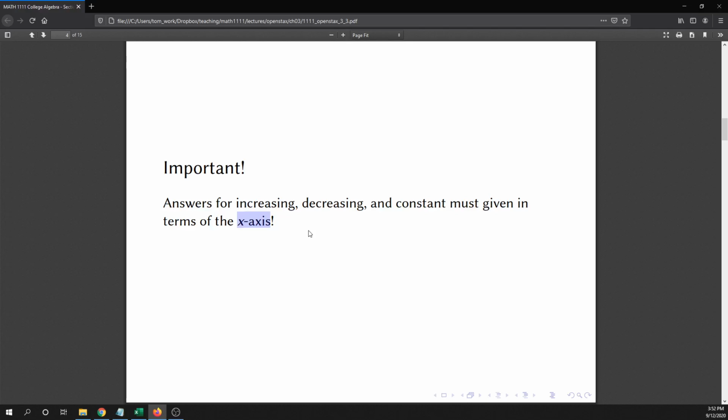So you might wonder, why do I have to report the answer like that? The reason is a little bit hard to explain at this level, but later on, if you keep going in math, in Calculus 1, you will learn the derivative, and it will tell you where a function's increasing or decreasing or constant without having to look at a graph. And that is the way that the derivative tells you the answer, in terms of the x-axis. So it agrees with that and kind of gets you ready for that.